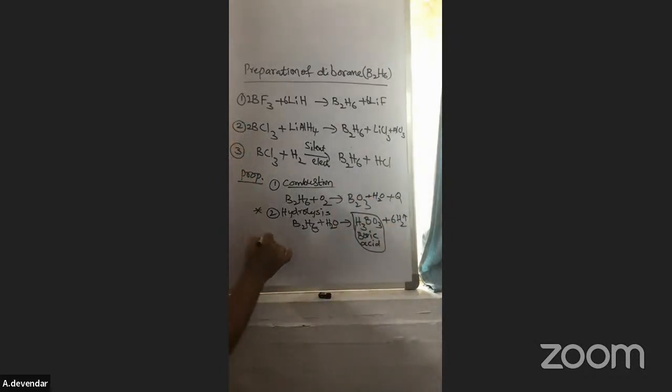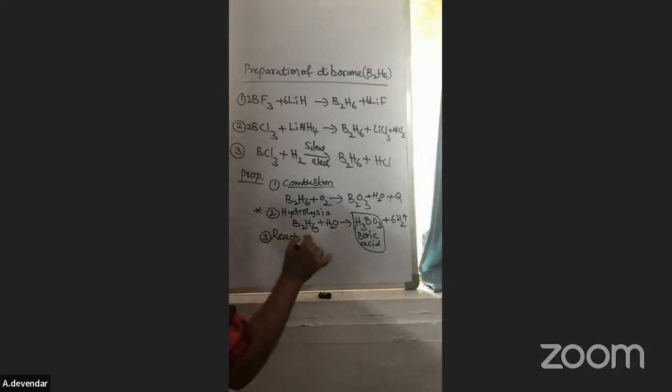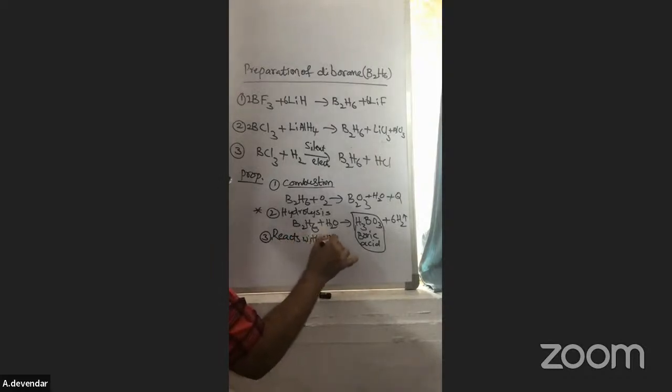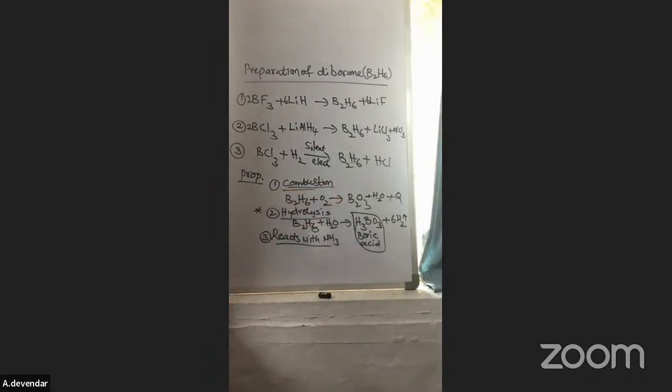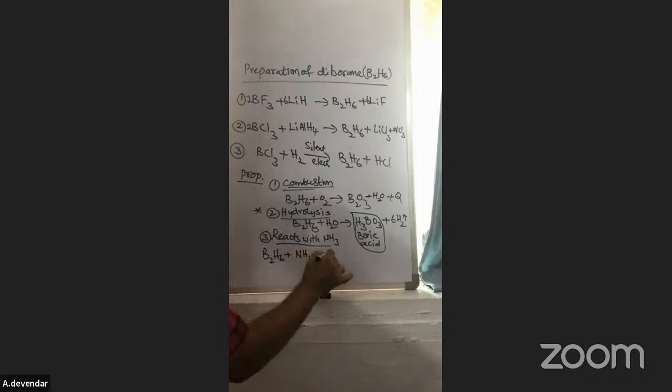Now the third one is very important. Diborane reacts with ammonia at low temperature.